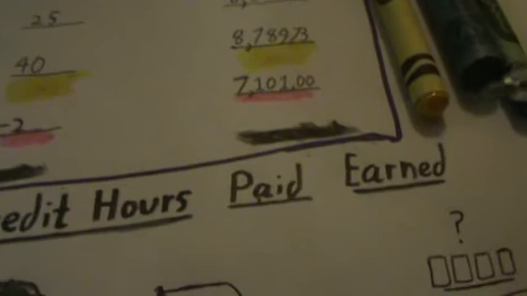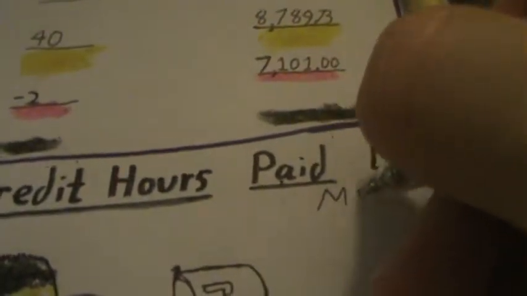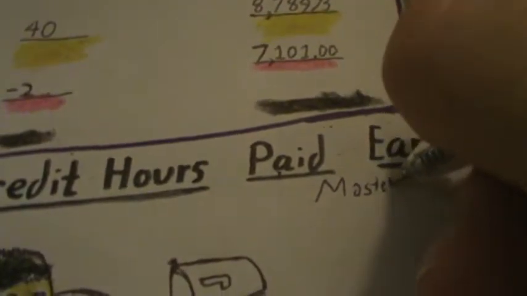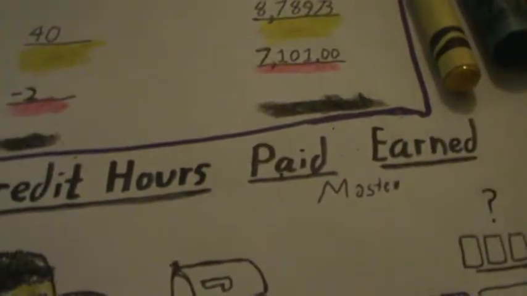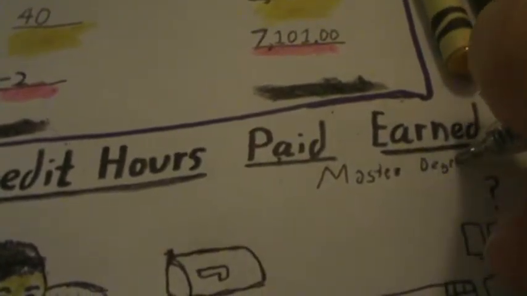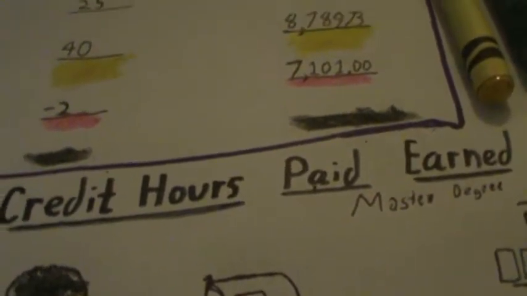If anybody like me is thinking about working on their master's degree, how many credits do we think that would be? I'm thinking it would probably be at least 500 credits, maybe 1,000 or so.